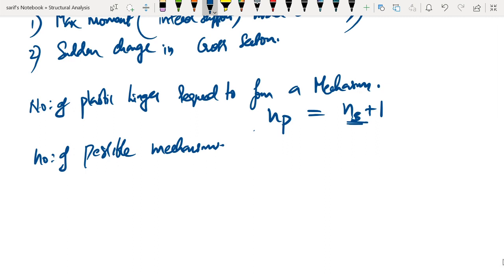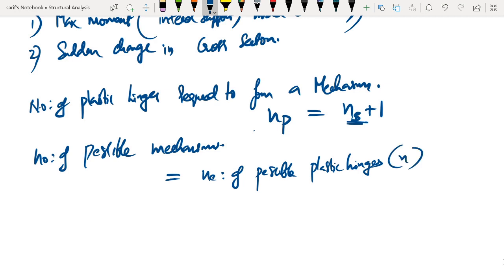So the number of possible mechanisms is equal to number of possible plastic hinges, that is n, minus the degree of static indeterminacy, that is ns.